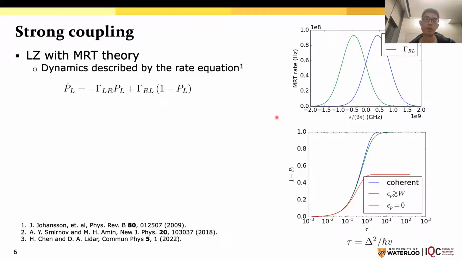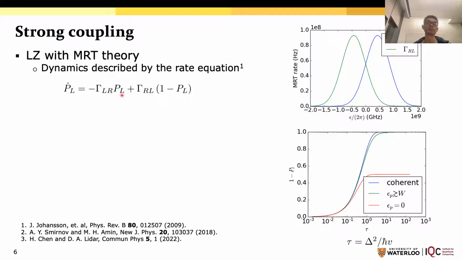That is because when we start on the left, the left to right transition is only peaked on the right, and when this term is large, this second term, gamma right to left, is always small.